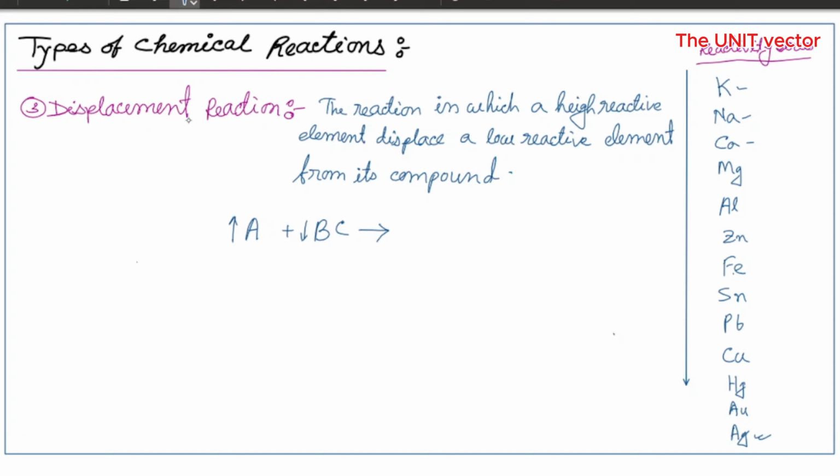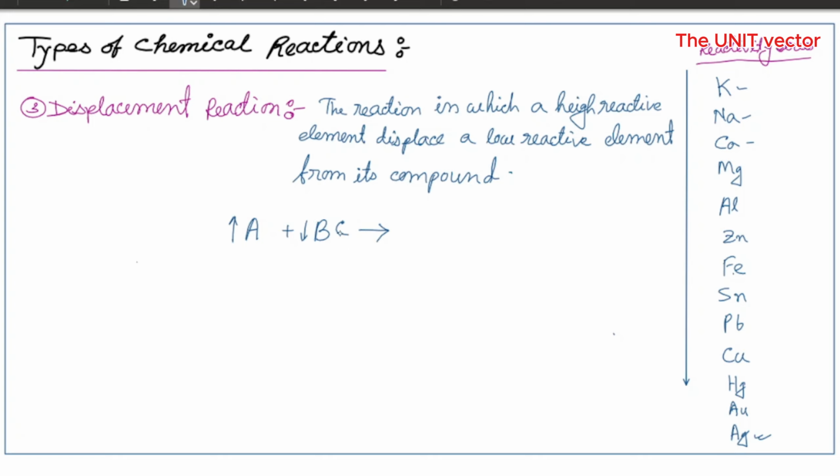So let's say in this reaction, A is the highly reactive element and in this compound BC, B is the low reactive element. Then what happens in this reaction is that A, which is highly reactive, displaces B from its compound BC.